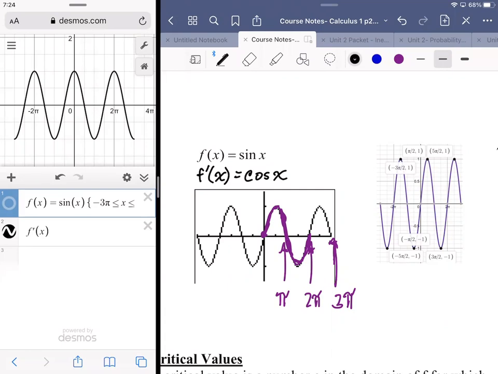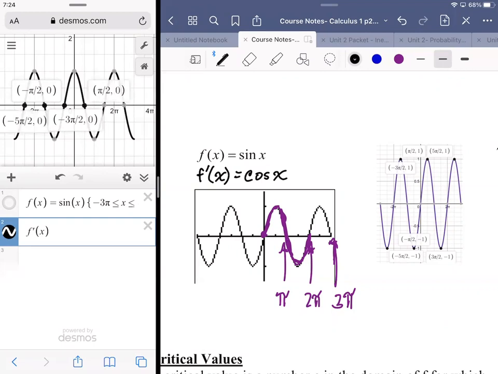So I don't care about the turning points of my derivative function. I care about those points at -pi/2, which would be right here. I care about them at -3 pi/2, -5 pi/2, pi/2. Well, maybe not pi/2.